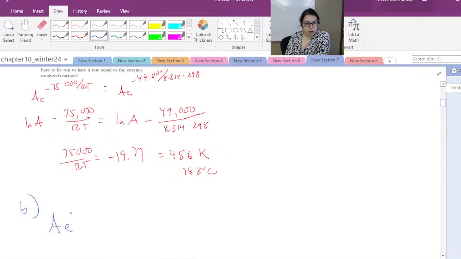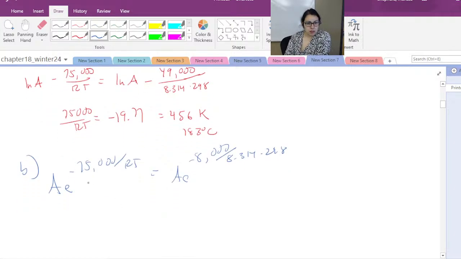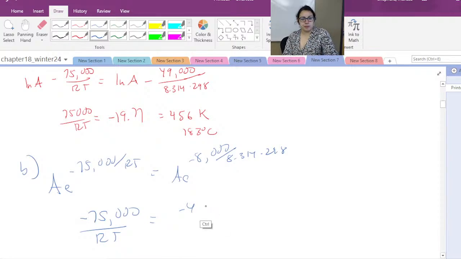So again, pretty similar to our setup previously, except new activation energy of 8,000. And so now just solving again. Oops. Negative 8,000.